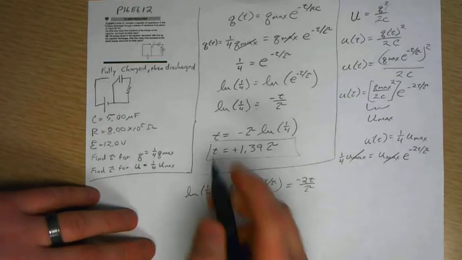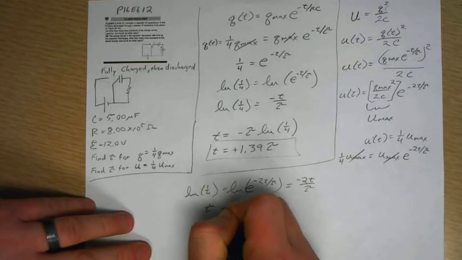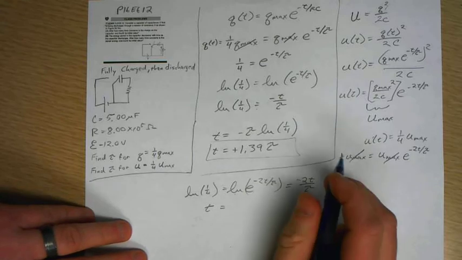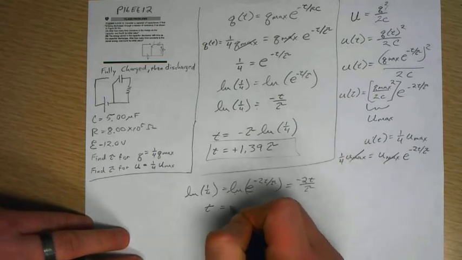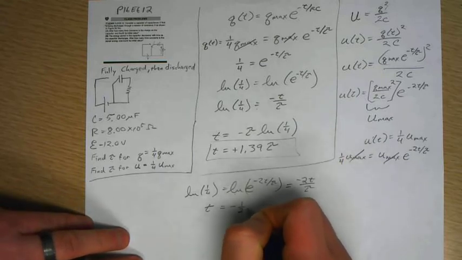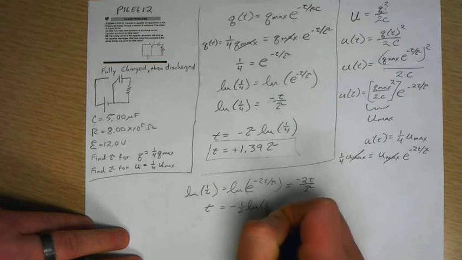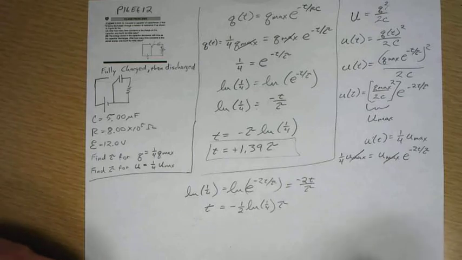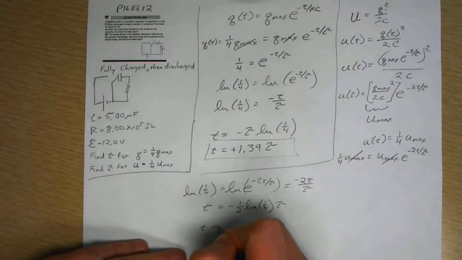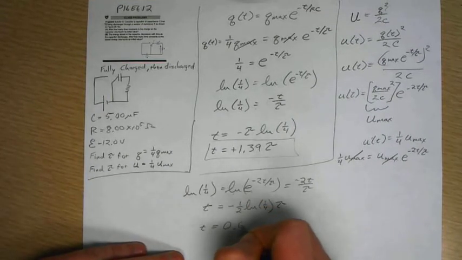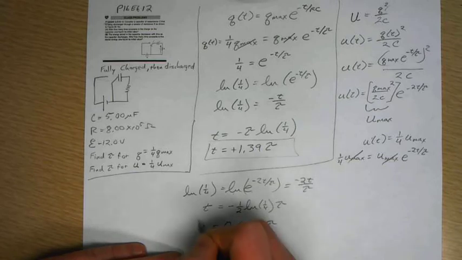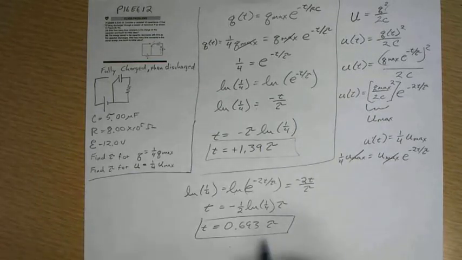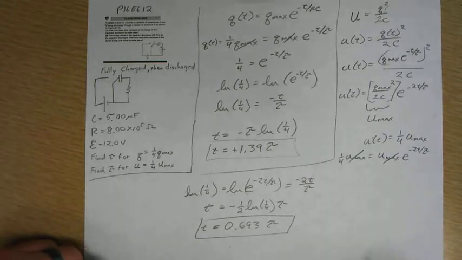Solving for t gives me negative 1/2 natural log of 1/4 times tau. And when you throw this in your calculator, that gives you 0.693 tau. So 0.693 times the time constant puts us at that energy.